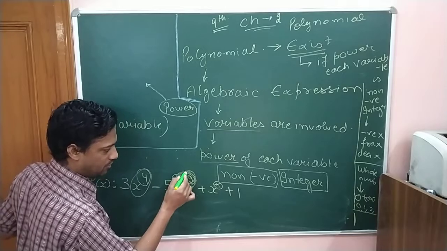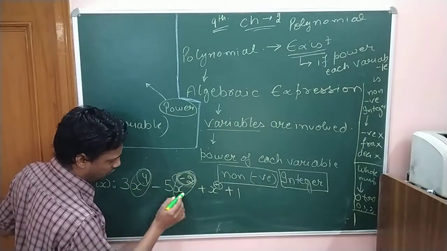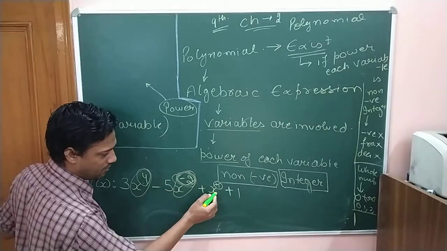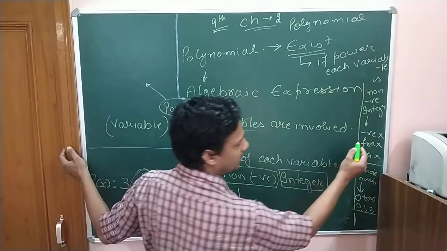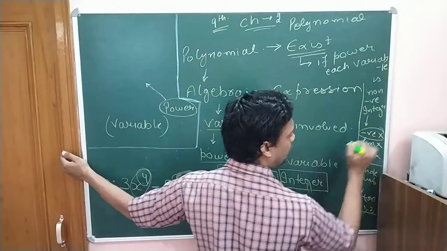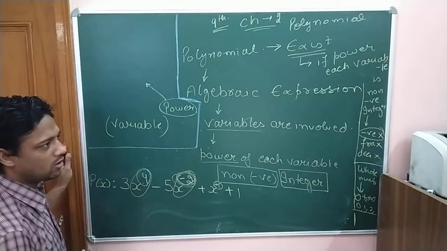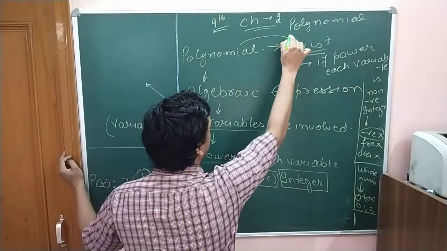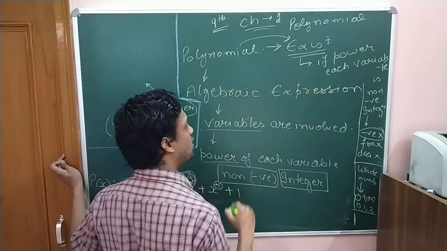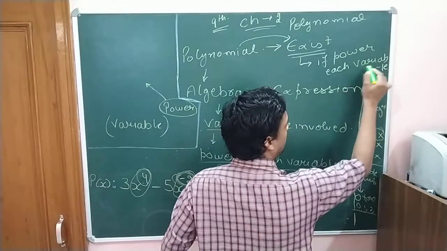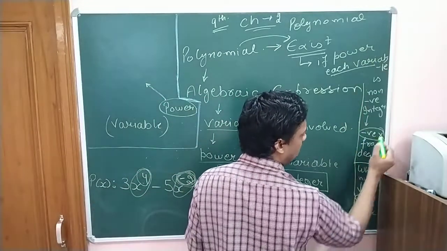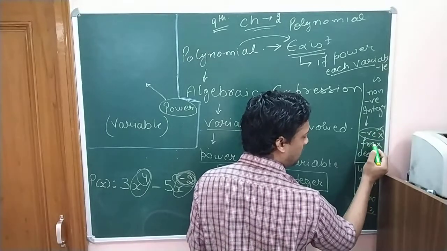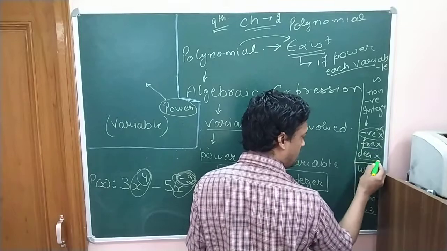But here is a negative power. If the power of any x variable is negative, then it is not a polynomial, because there is a condition that a polynomial exists if and only if each variable does not have a negative power, fraction power or decimal power.